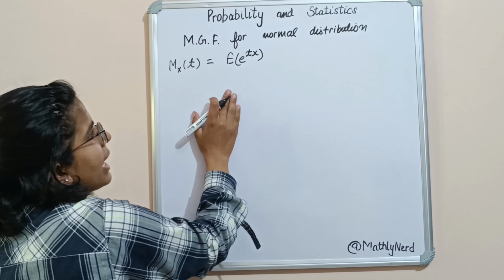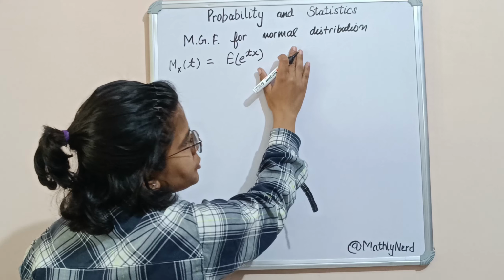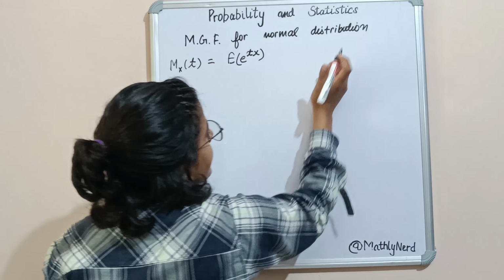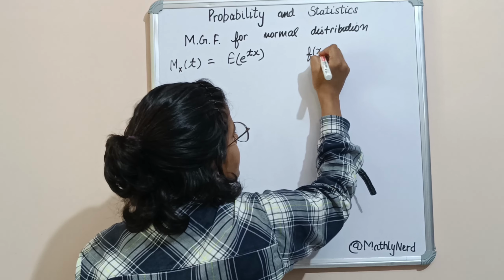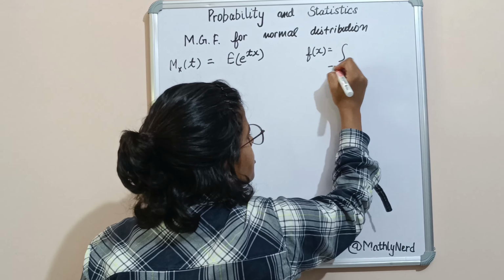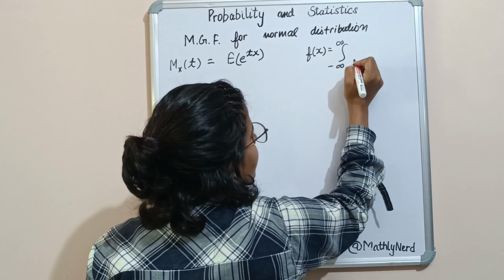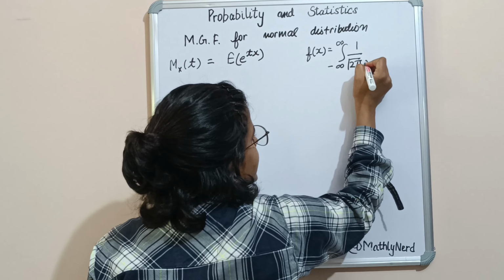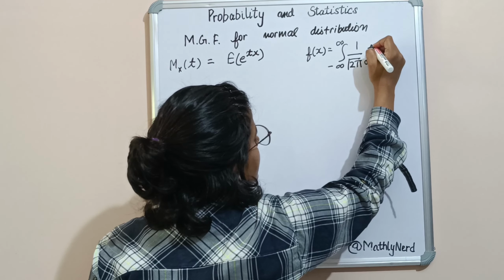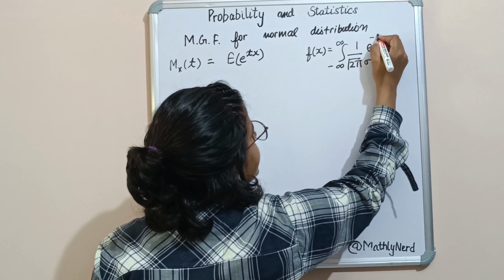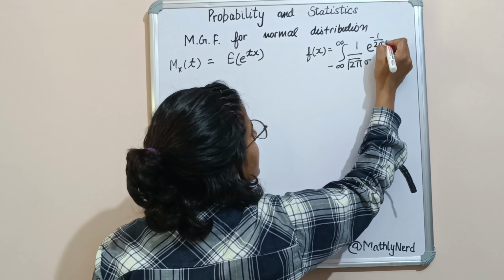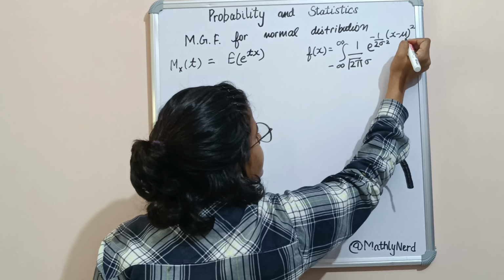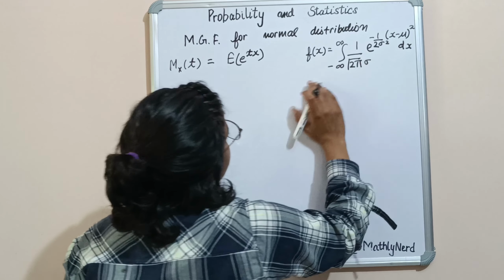As well, we know the normal distribution is a continuous probability distribution and its probability function is integration from minus infinity to infinity of 1 by under root 2 pi sigma, e raised to power minus 1 by 2 sigma square into (x minus mu) whole square dx.